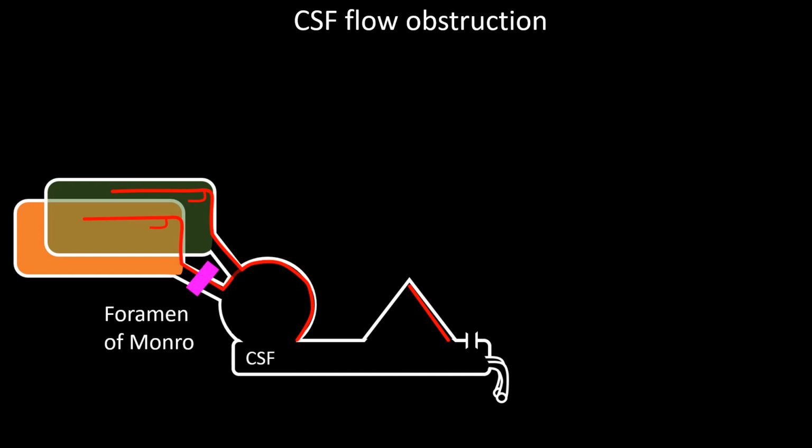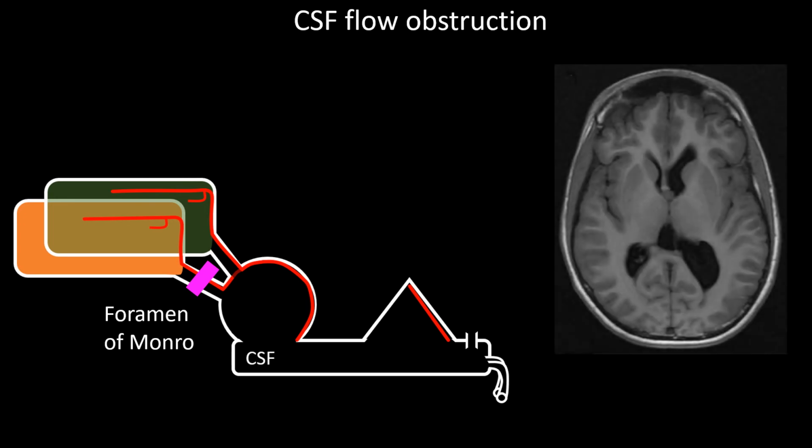An obstruction at the right foramen of Monro produces, as shown in this MRI, lack of CSF flow through it, leading to enlargement of the anterior and posterior segments of the lateral ventricles, in this case of the right lateral ventricle.